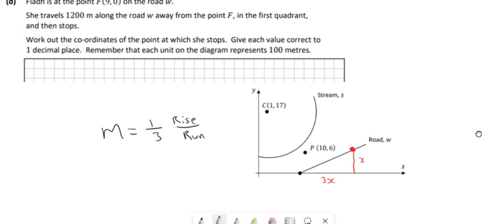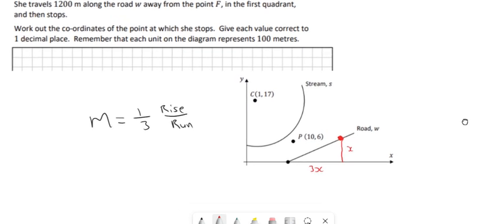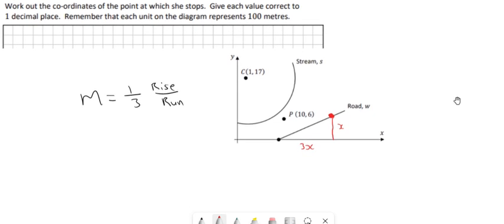Whatever the rise is, the run has to be 3 times it, and that's what you have to be able to see here. And from that we can use Pythagoras, so we can do x squared plus 3x squared is equal to 1200 squared. So that's not easy to see obviously, but it's the last part of the question, so we're expecting something more difficult.